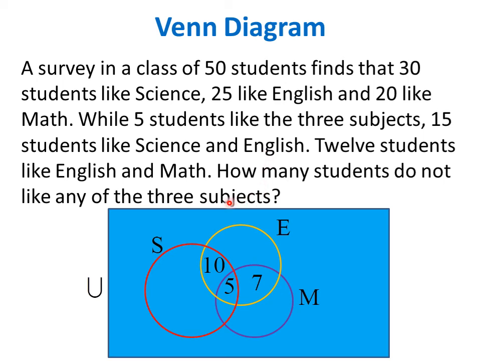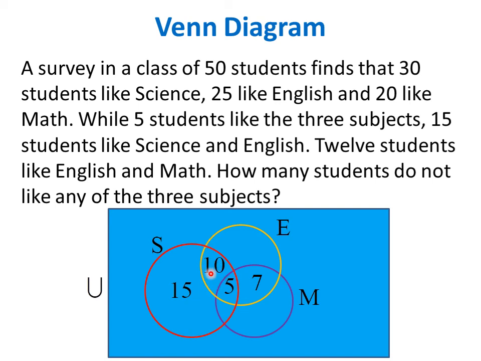No. Okay, so next, let's populate set S with elements. According to this part, 30 students like science. So within the red circle, we have to have 30 students. But in the intersections, we already have 10 plus 5, 15. So in the remaining portion of set S, we have to have 15 students because 15 plus 10 plus 5 is 30.